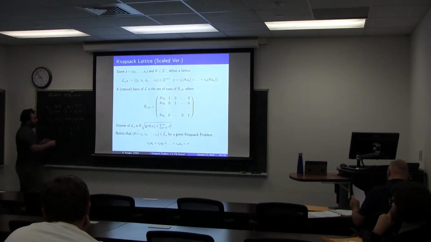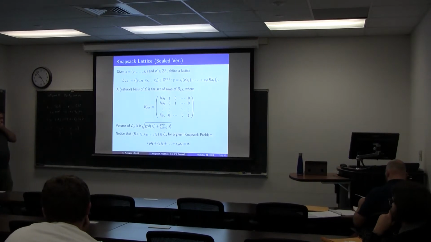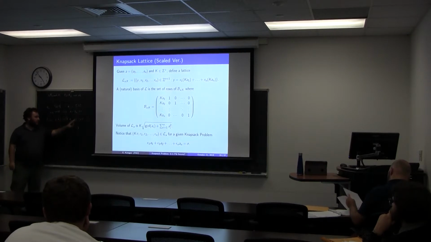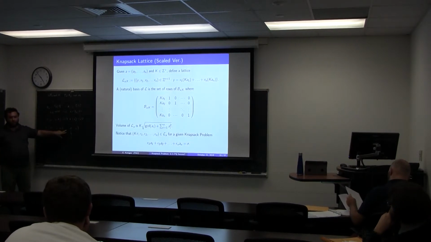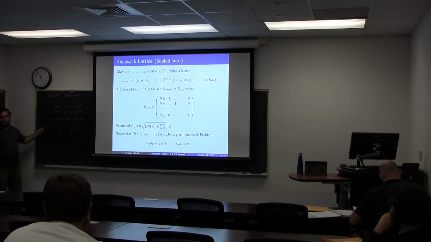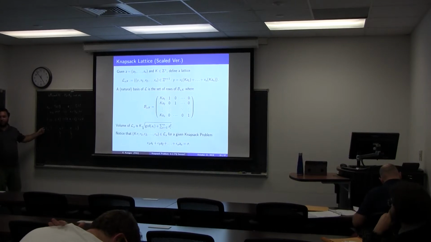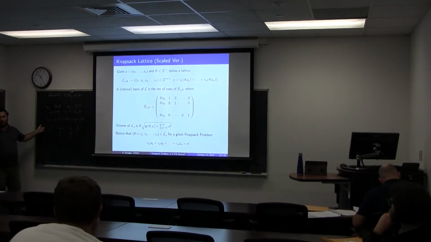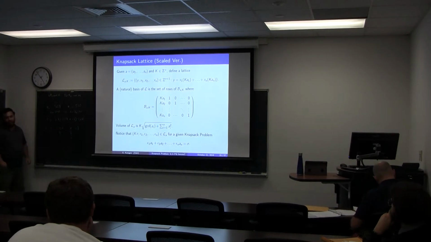So the distance between your target vector and the exact solution is very large compared to this vector. So the SVP oracle will give you this vector, which is not a solution for your knapsack problem. And it is a negative one. But this is a short vector in your lattice.